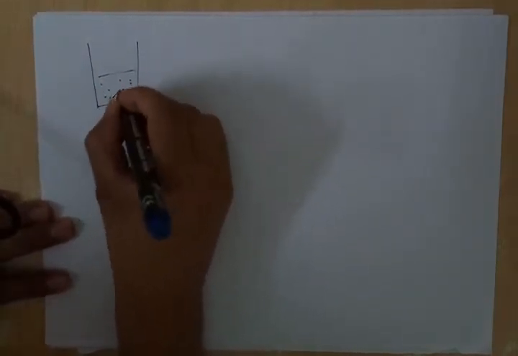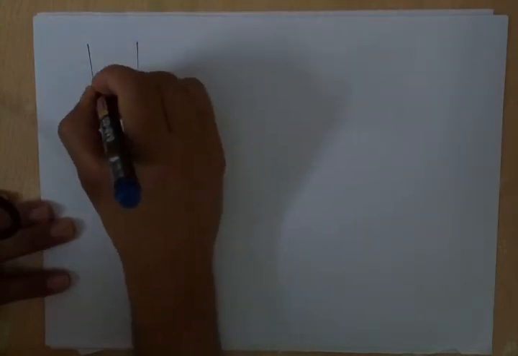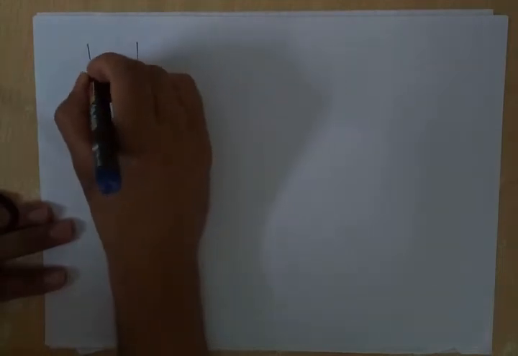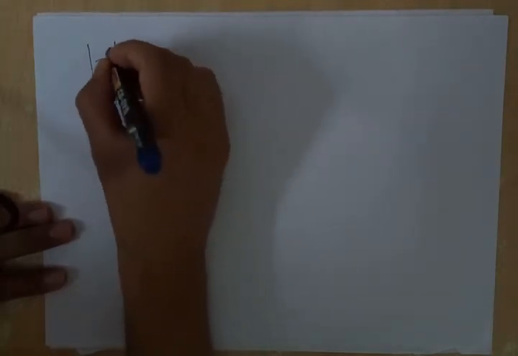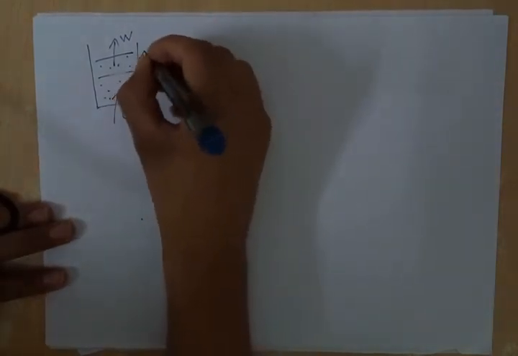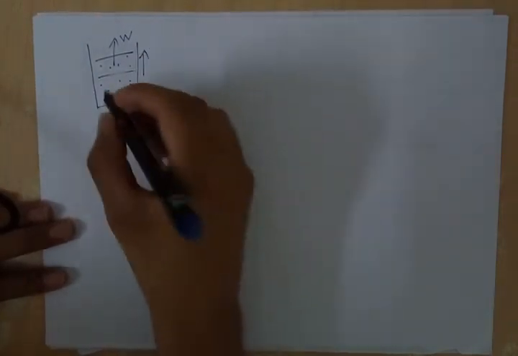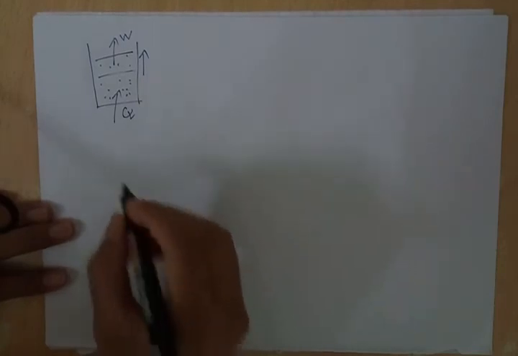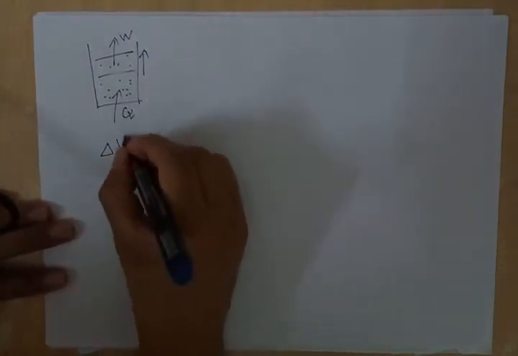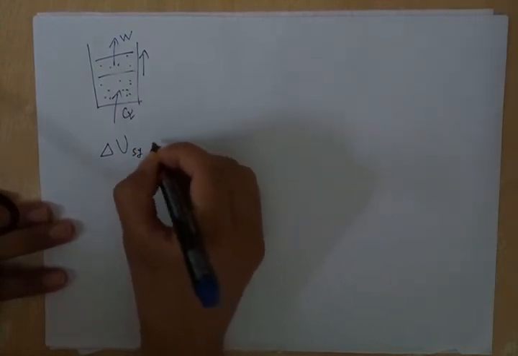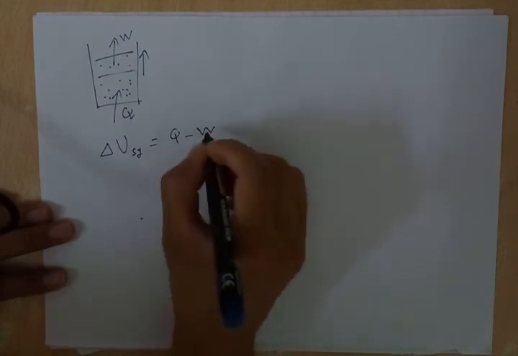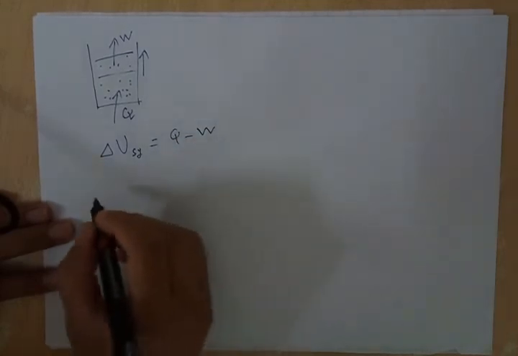We have supplied Q amount of heat, and because of this system can do work which is amount of W. Here piston moves upward and hence gas expands. So we can write first law of thermodynamics, delta U system is equal to Q minus W, heat added to the system minus work done by the system.